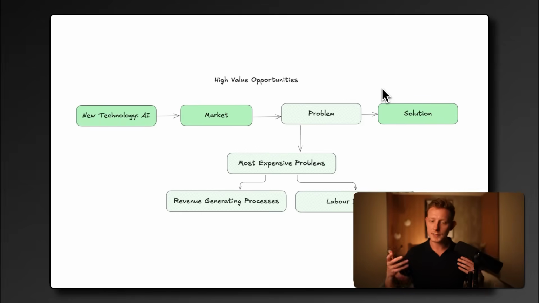Think ad systems for e-commerce, SEO systems for SEO agencies, content systems for coaches. Poppy AI is a great example of a SaaS that's getting a lot of traction right now, and it helps, for example, creators create content fast, because that's one of the biggest and most expensive problems for us, I can tell you from personal experience.